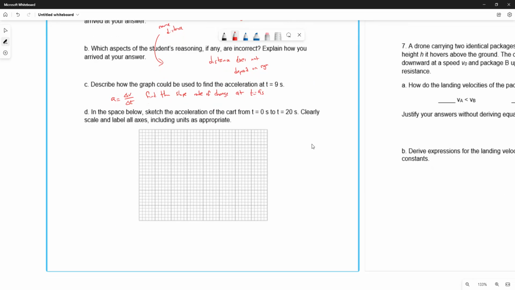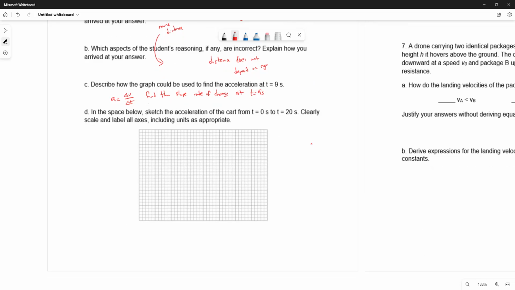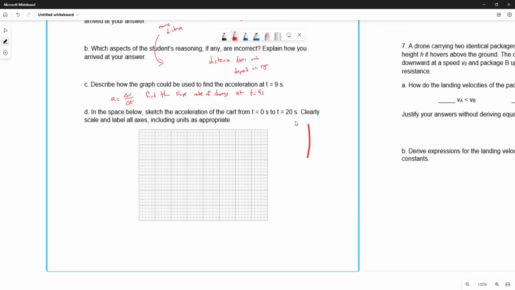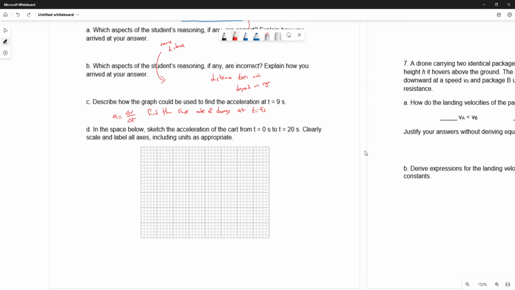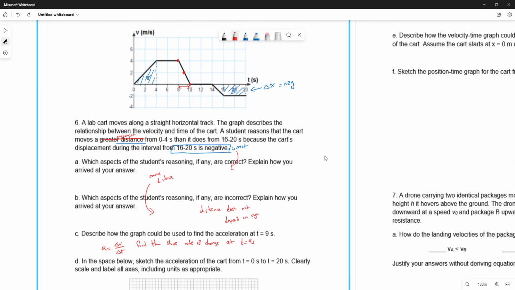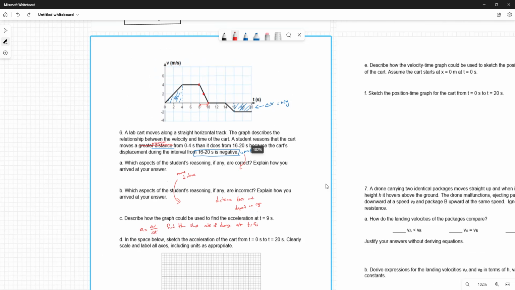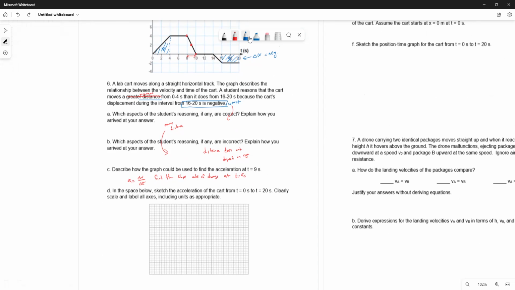So we're supposed to graph the acceleration of the cart from t equals 0 to 20 seconds, then label everything, including units. It's not something that you guys have practiced, but I'll very quickly explain it. You're rarely asked to do this kind of thing. So going downwards like this is your y-axis, this is our x-axis.